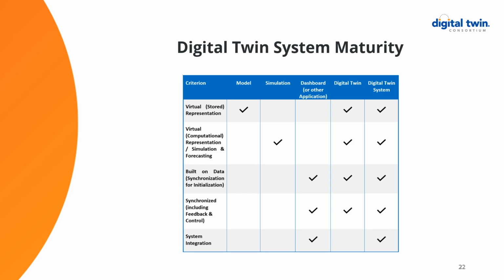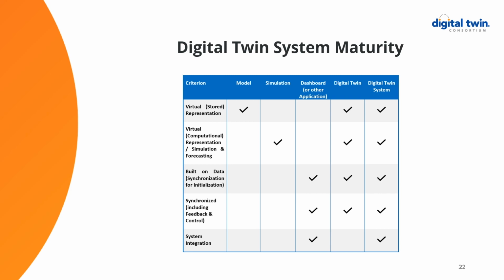So we look at how models, simulations and all these pieces correlate to the different core elements of the architectural framework. We can see models are within the virtual representation, simulations as well. We then pick some example applications. We've just pulled out dashboards as a very common example. Actually, this is the application layer.